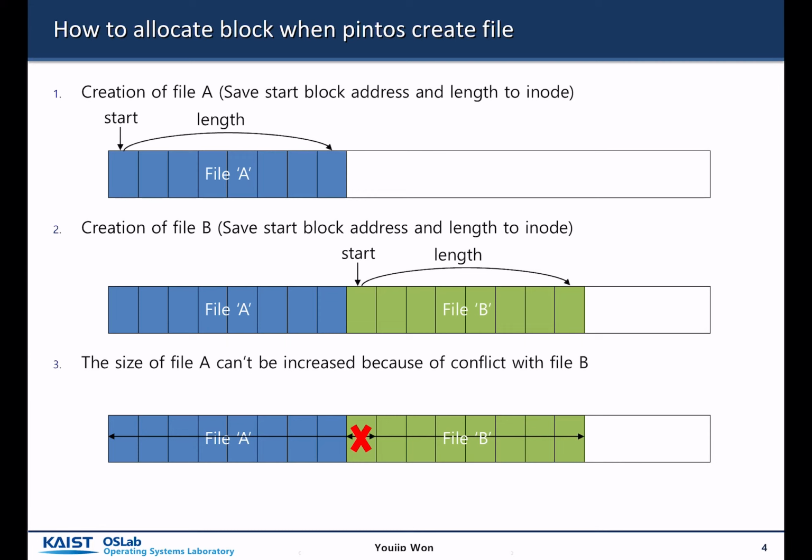So this is how we allocate blocks when Pintos creates a file. When creating a file, say file A, it saves the start block address and length to the inode. And then when you create another file, again you save the start block address and length to the inode.